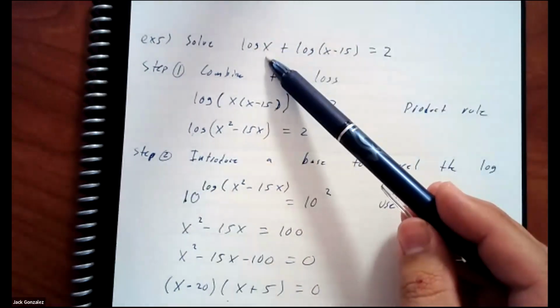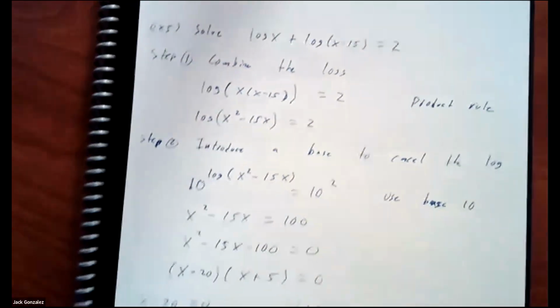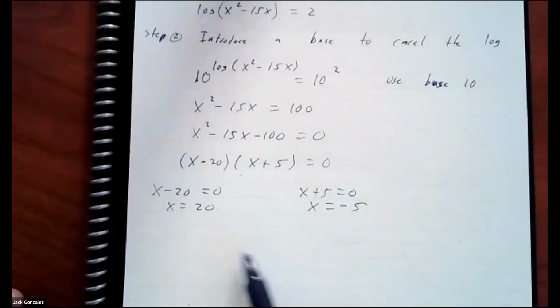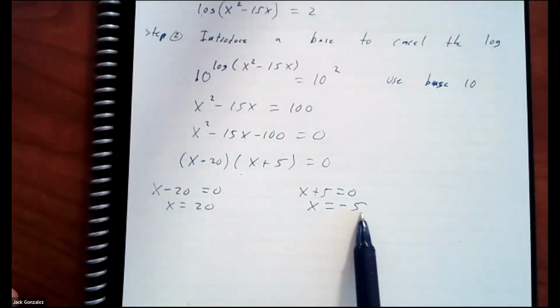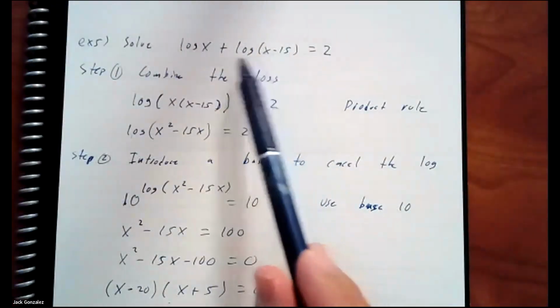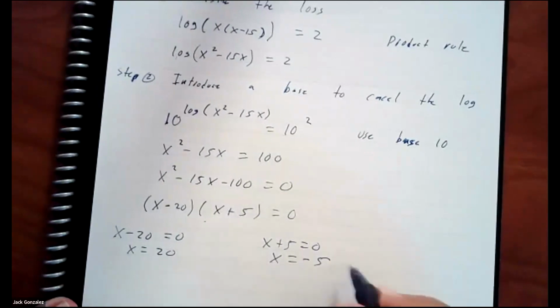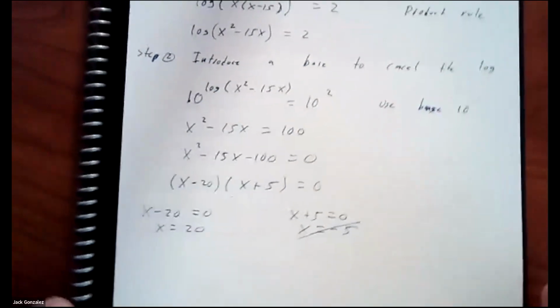Log of 20 is fine. As long as it doesn't result in a negative or a 0, then you're fine. But negative 5 would be a problem. If you plug in negative 5, you're gonna get negative 20, or right here, negative 5 is inside the log. So I can't use it. This is not gonna work.